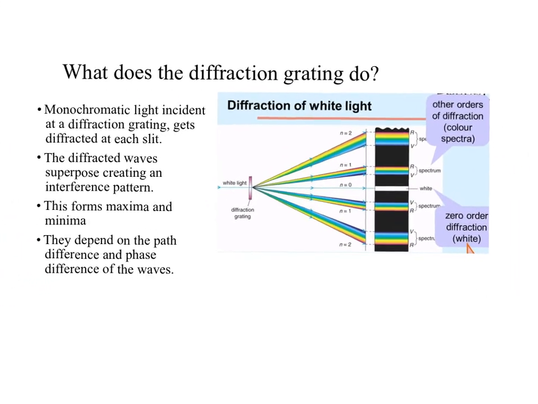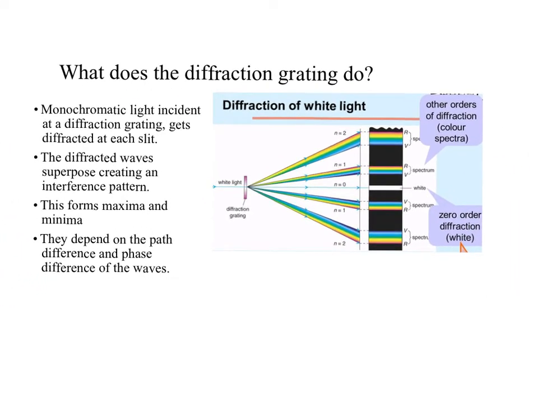So what does it do? We already said, if you have, for example, monochromatic light incident at a diffraction grating, it gets diffracted at each slit. The diffracted waves will superpose and will create an interference pattern.